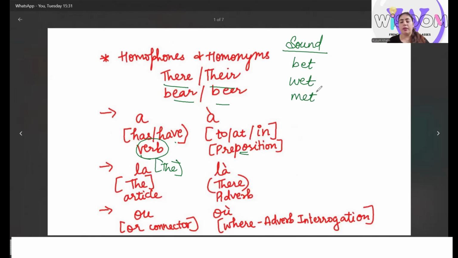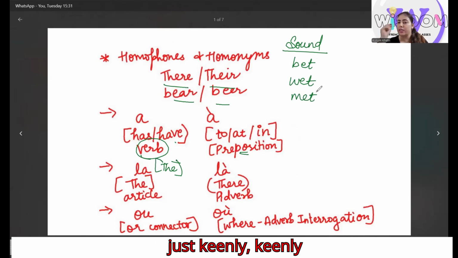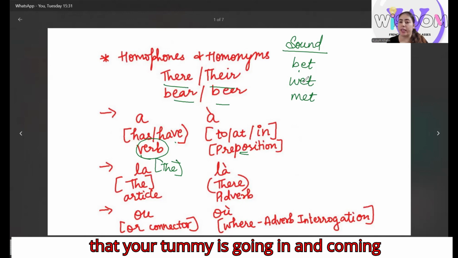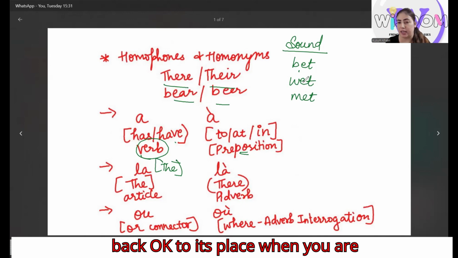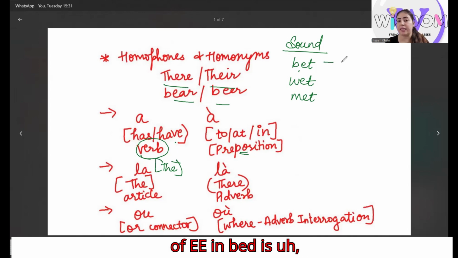Put a hand on your tummy and keenly feel the sound of E in bet, wet, and met. You will see that your tummy is going in and coming back to its place when you are pronouncing E. So the sound of E in bet is eh, wet, eh, met, eh.